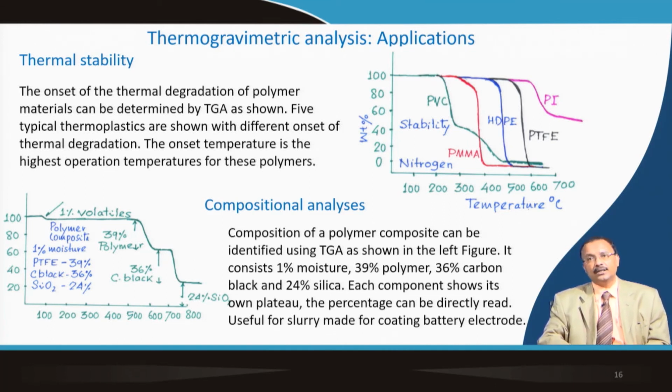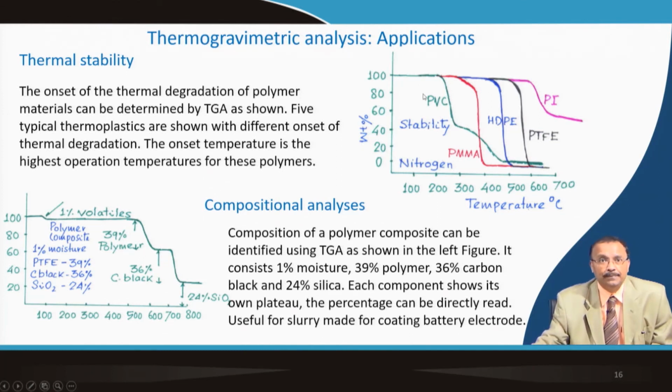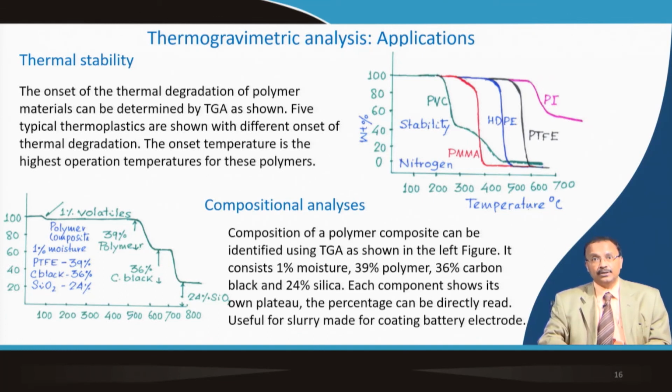Another thing that is done by TGA is composition analysis. So, here typically we have, say, silicon dioxide mixed with carbon black and a polymer, and it is absorbing about 1% of moisture, and due to thermogravimetric analysis you get the weight loss, and eventually from the weight loss you can get the composition of the mixture.